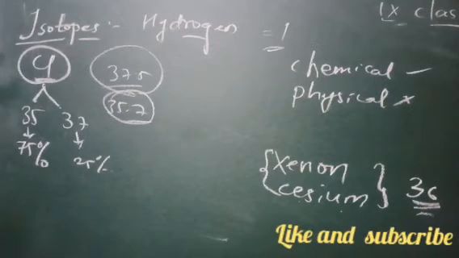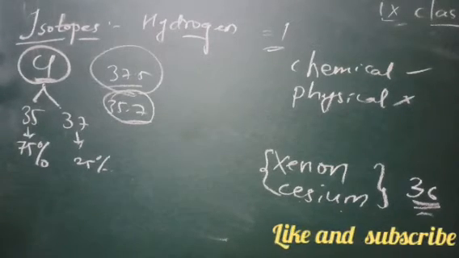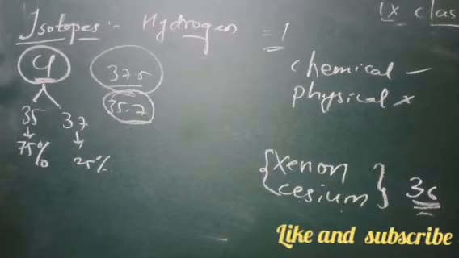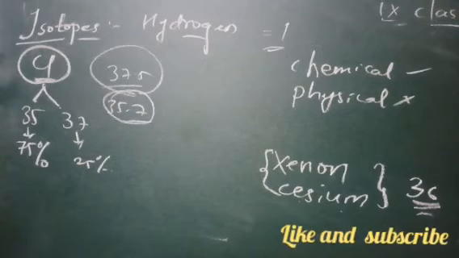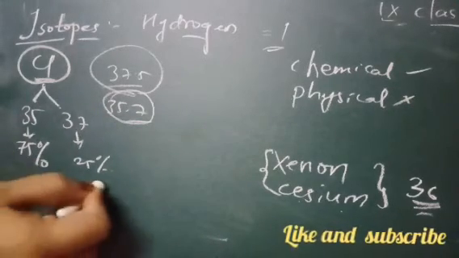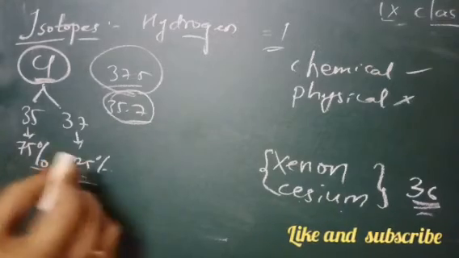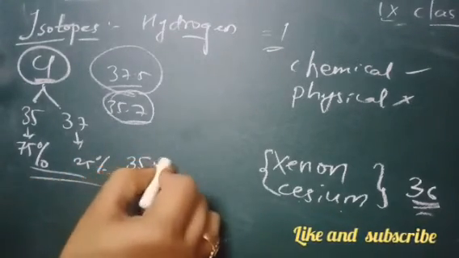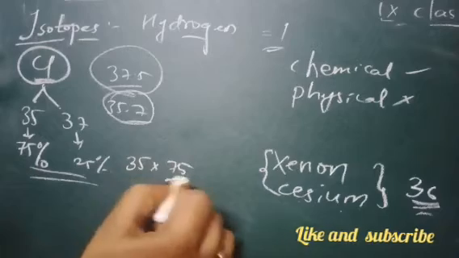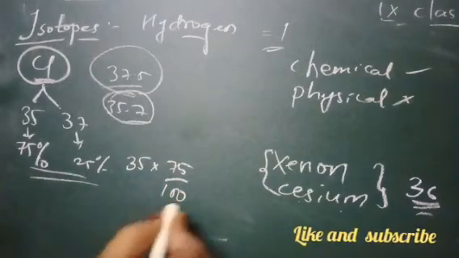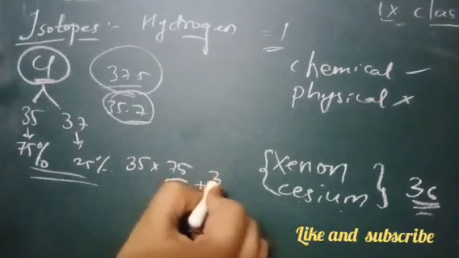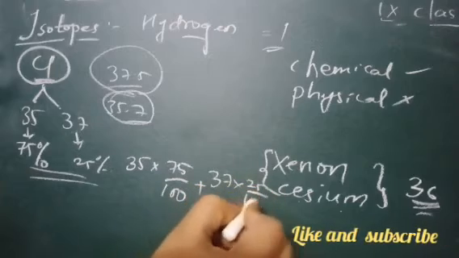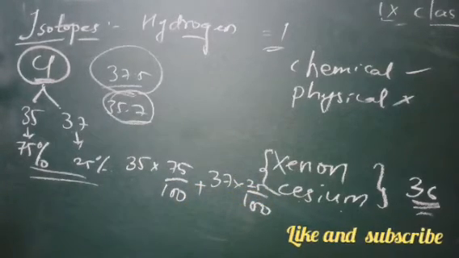So let us see the average atomic mass of the chlorine atom on the basis of this. If we take the average of the whole, what do we get? 35 into 75 by 100, plus 37 into 25 by 100. So what value are we getting?